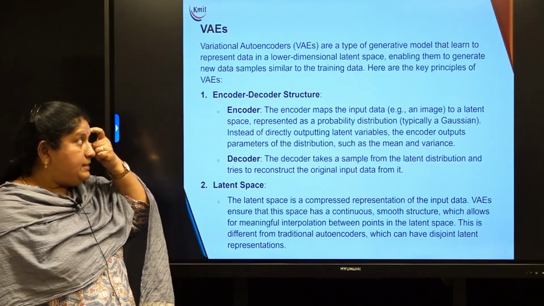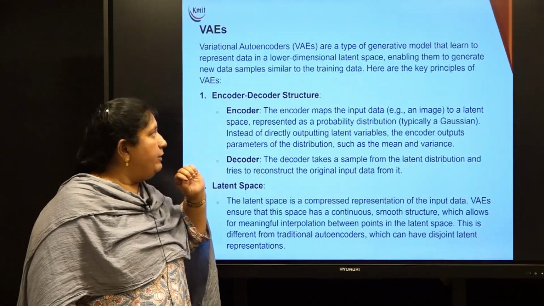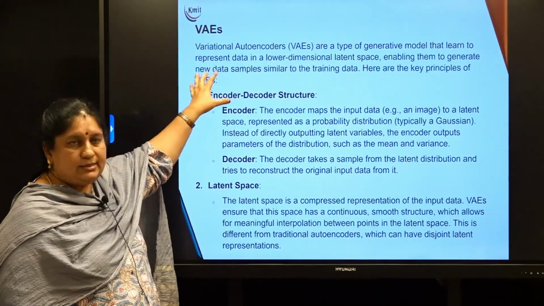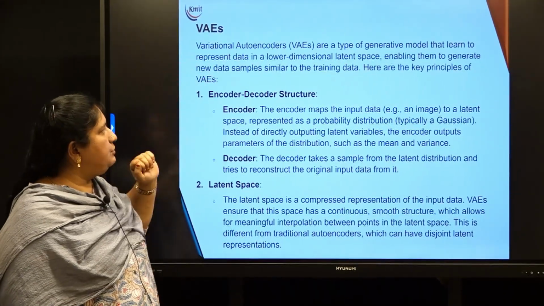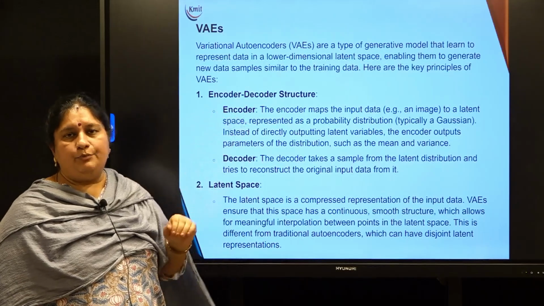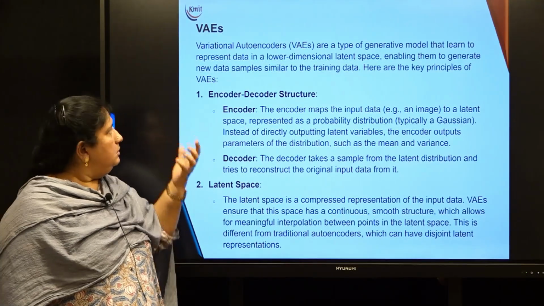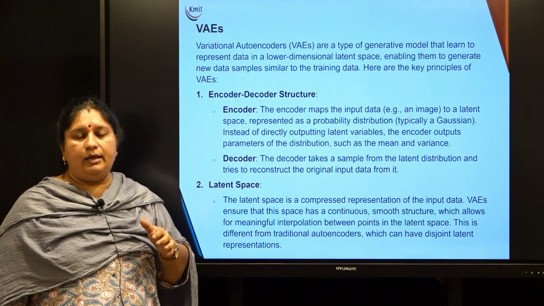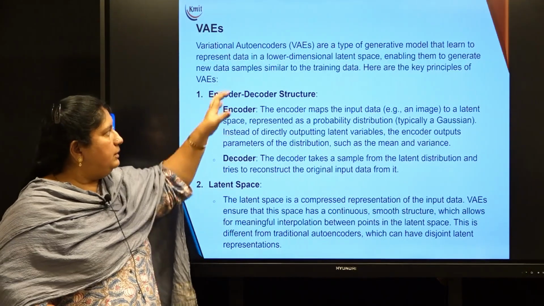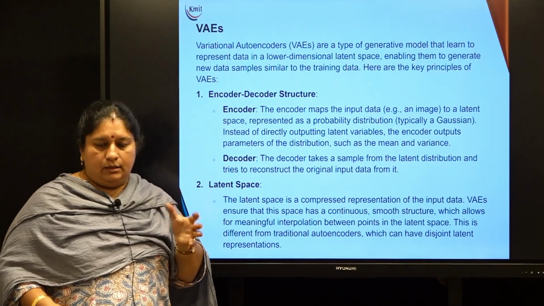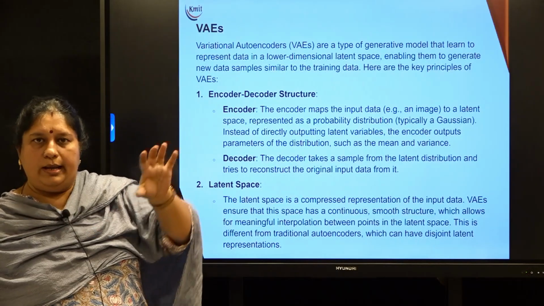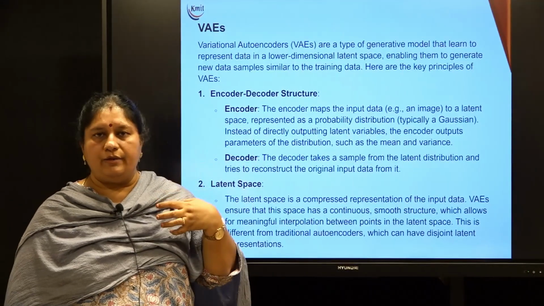Coming to the next type of network model, which is VAE, which stands for variational autoencoders. These are also a type of generative AI model which represents the data in a lower dimensional latent space. It works like this: one encoder will be there, one decoder will be there.